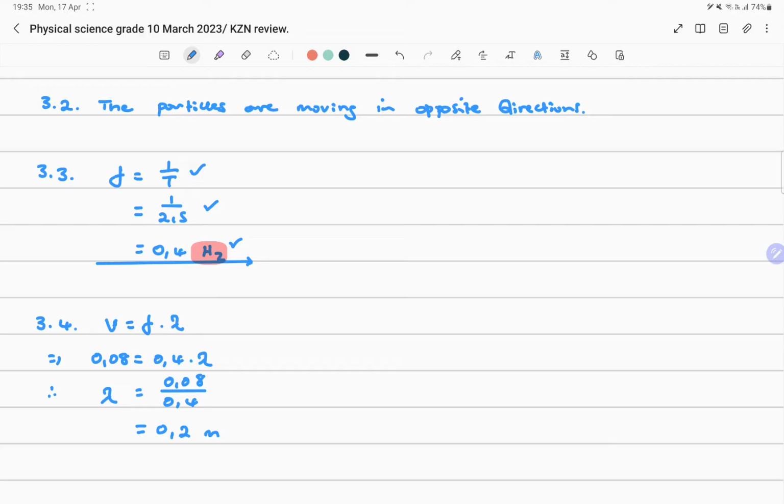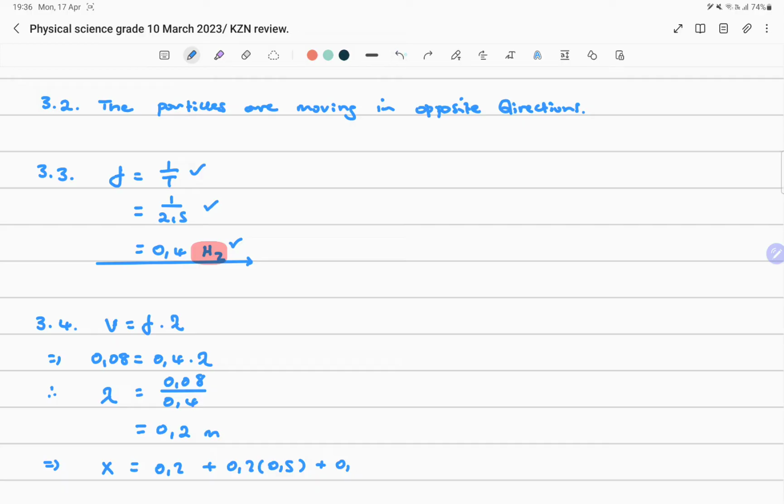Okay, so this implies that x is going to be equal to a full wavelength, as we could see there, which is 0.2, plus a half of a wavelength, which is 0.2 times 0.5, plus a quarter, which is 0.25.